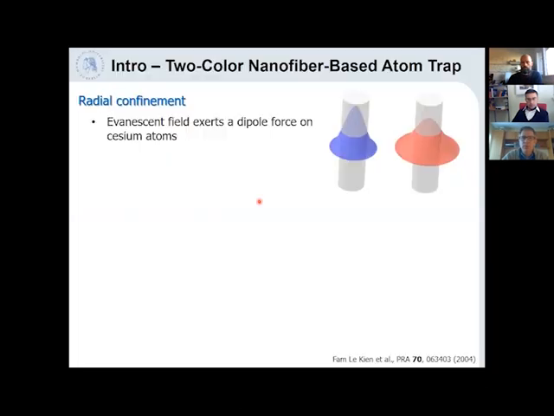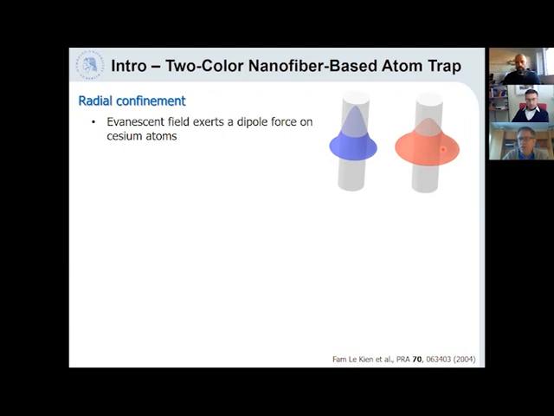Okay, so the trapping is achieved using optical dipole forces, and we need two detuned light fields, one detuned to the red and one to the blue, to achieve stable trapping in the radial direction, because the atoms interact with the evanescent field outside of the fiber, which decays with an intensity that decays more or less exponentially. So an atom that approaches the fiber from a distance when the fiber guides red detuned light will be attracted towards the high intensity region, and thus would collide with the fiber.